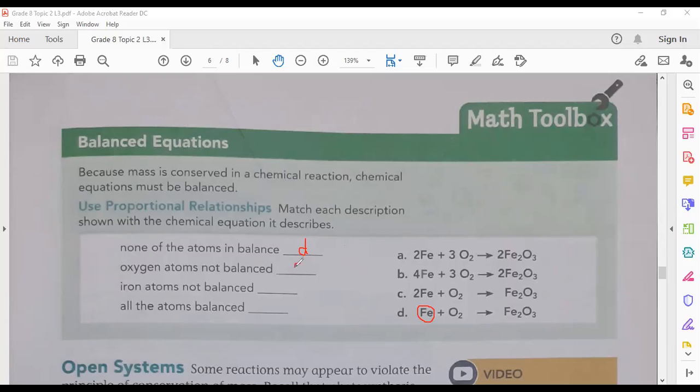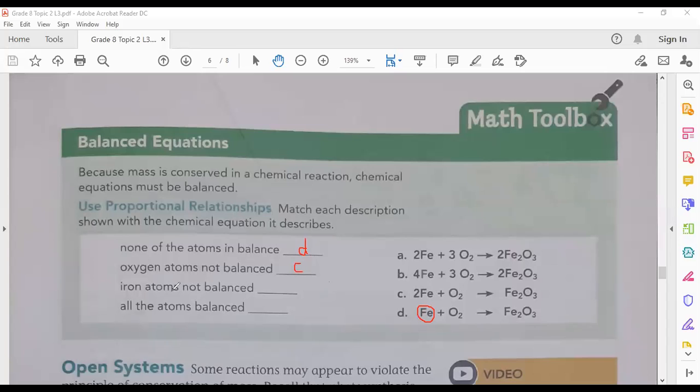Wait. Oxygen atoms not balanced means that iron atoms are balanced, but oxygen atoms are not. Look, in C, the iron atoms are balanced, 2 and 2. But oxygen atoms, there are 2 here and 3 here. So in this equation, only oxygen atoms are not balanced.